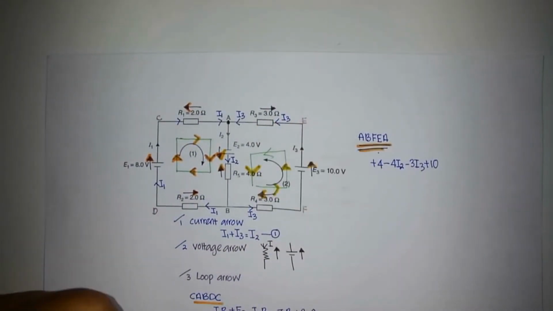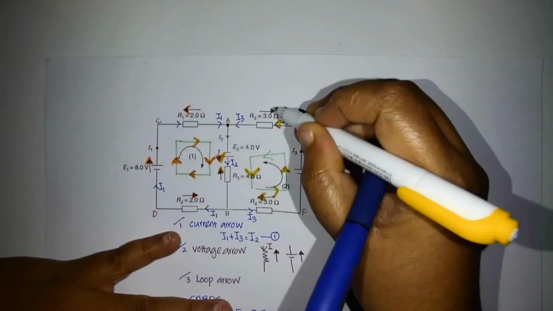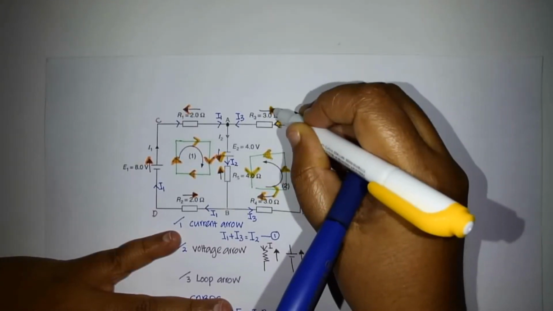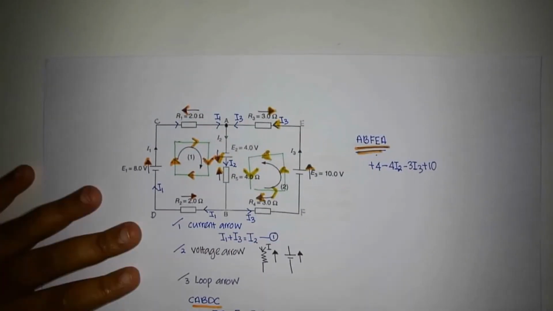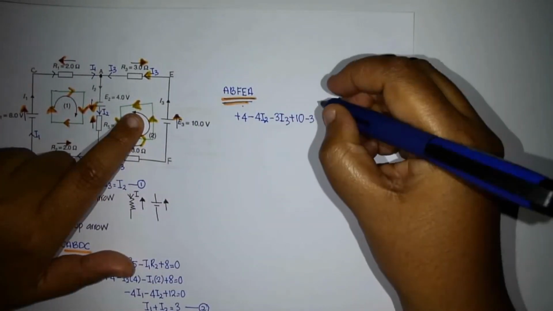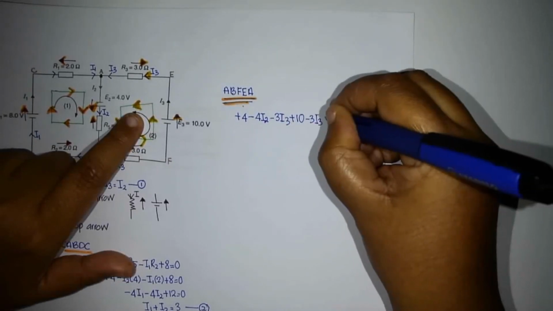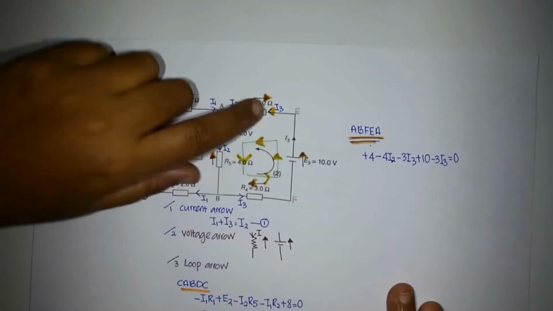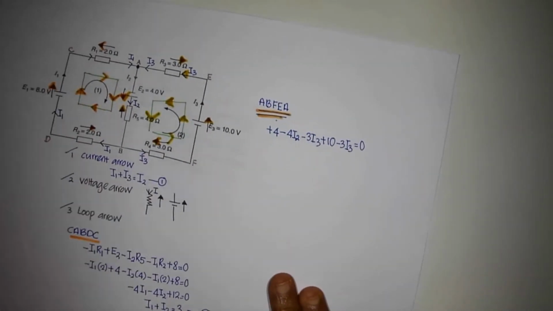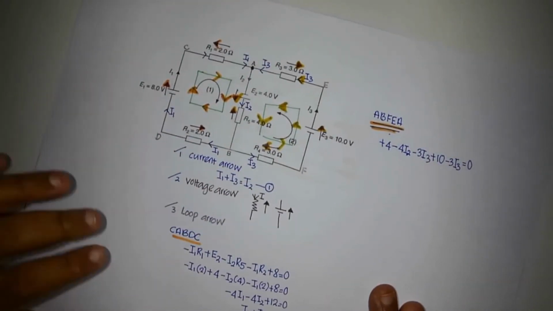Then here the direction is opposite, so minus 3I3 equals 0. I mean the voltage arrow and the loop arrow, not the current direction. The current direction is for Kirchhoff's first law.